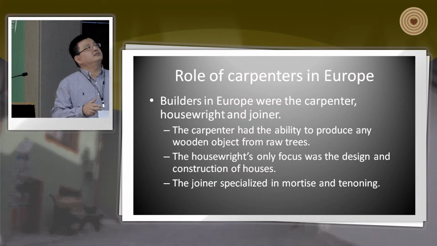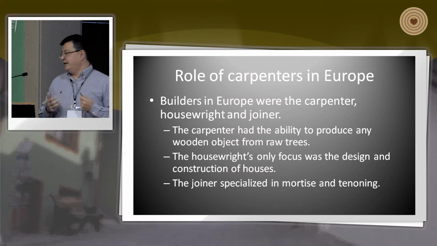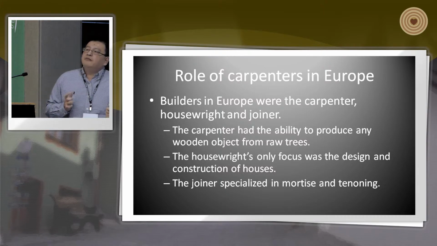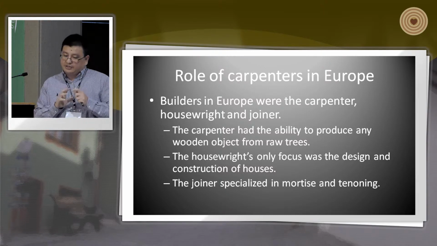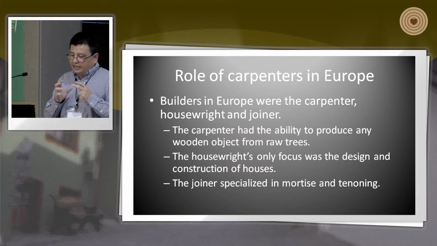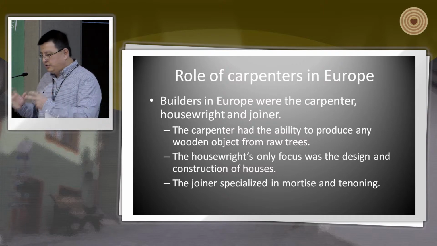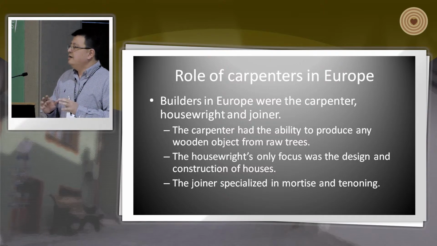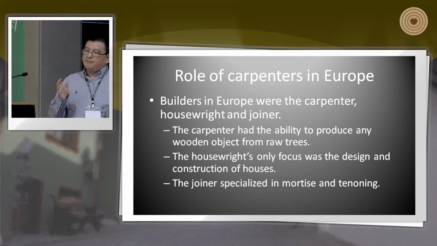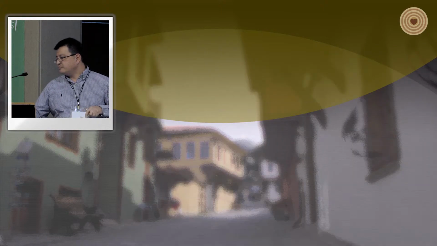And the housewrights mainly deal with design. And the joiners sometimes compete with carpenters, because they are mainly there to make window and door frames and some cabinets. But because they can make multi-tenon connections, sometimes they compete with carpenters.